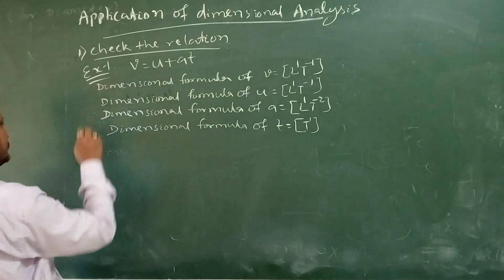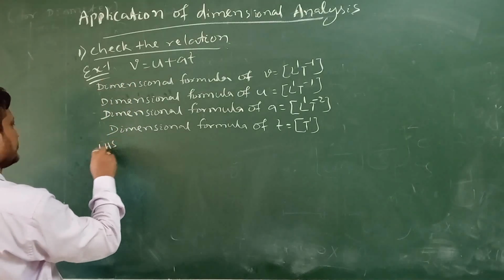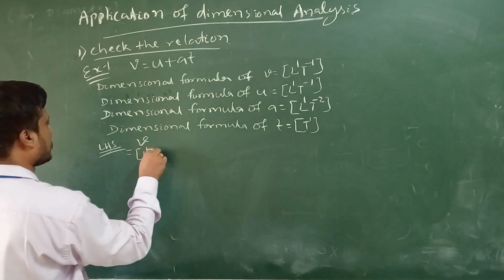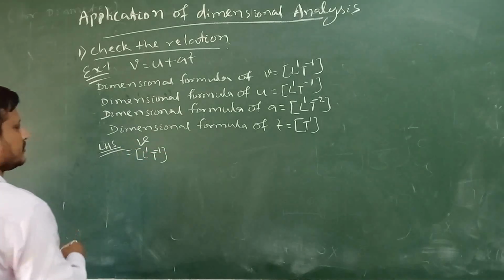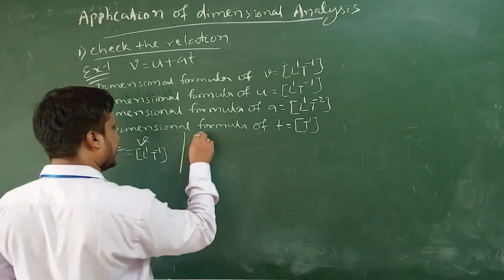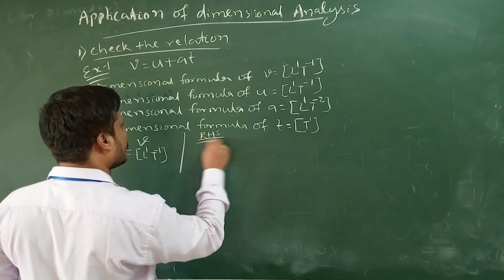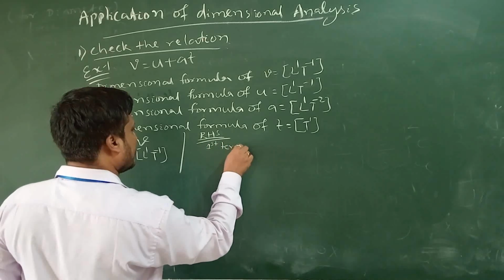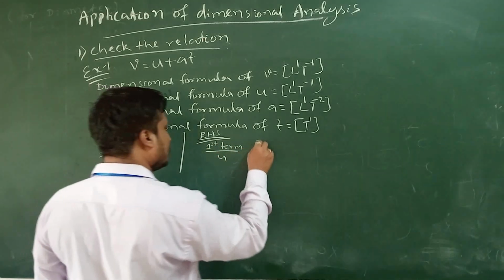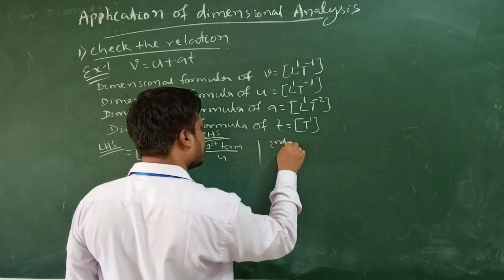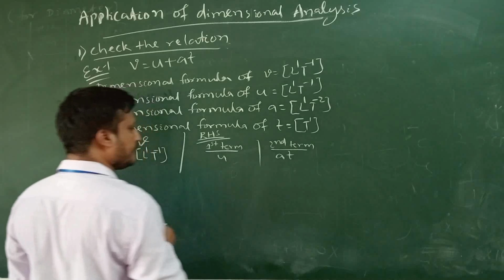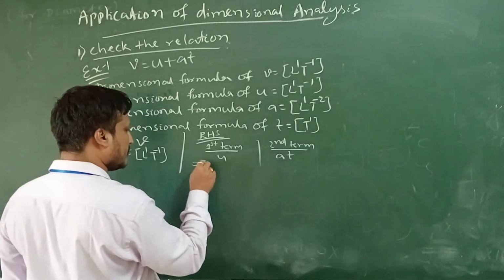So in the example, left hand side is V, so we write L to the power 1 T to the power minus 1. On the RHS side, two terms are there. First term is U, second term is A into T. So what is the dimensional formula of U?